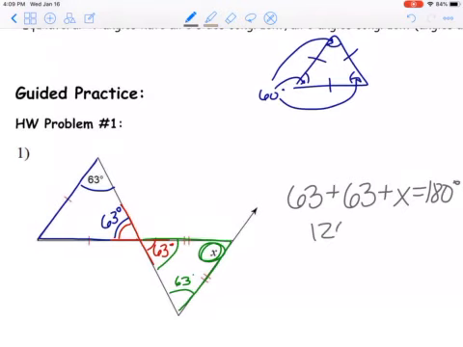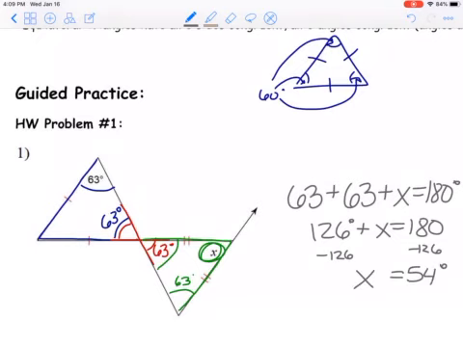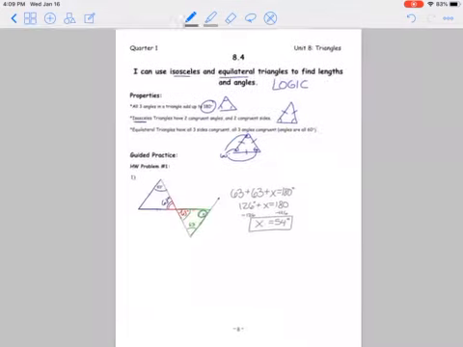So 126 plus x equals 180, minus the 126. We get x equaling 54 degrees. That's it. Super easy. Let's look at number 2.